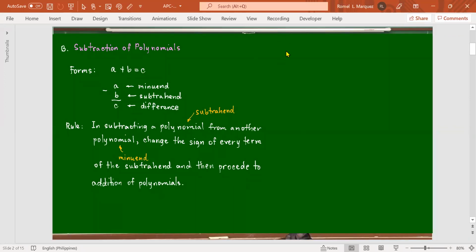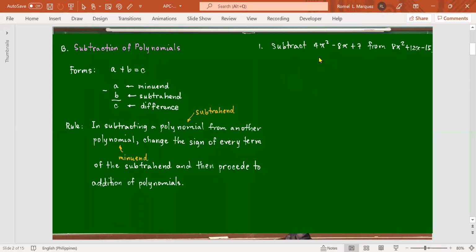So for instance, if you are asked to subtract, let's say, 4x squared minus 8x plus 7 from, let's say, 8x squared plus 12x minus 15.